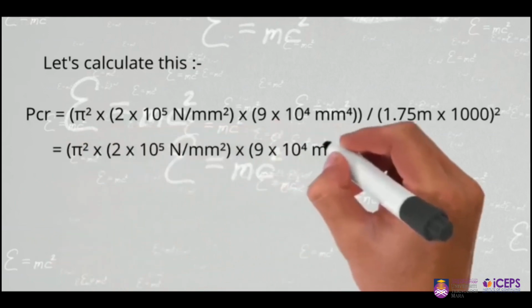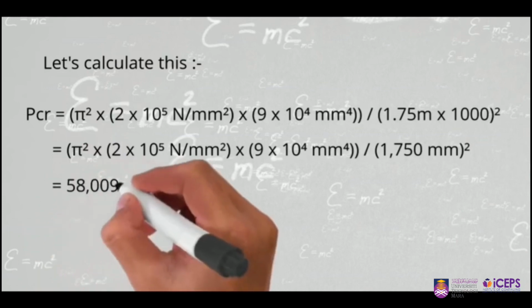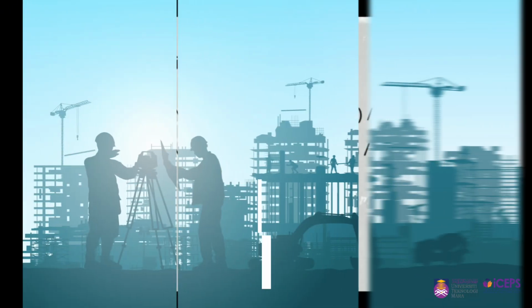Pi power of 2 times 2 times 10 power of 5 Newton per square millimeter times 9 times 10 power of 4 millimeter power of 4 divided by 1750 millimeter power of 2. The answer is 58,009.1 Newton.